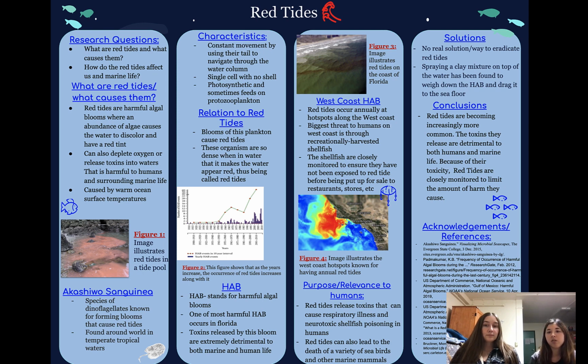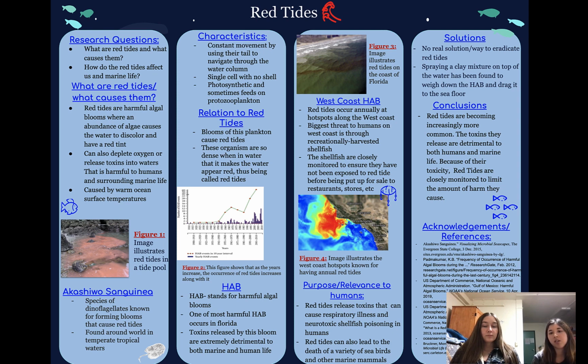Now we're looking towards the West Coast HAB, where the red tides occur annually at hotspots along the West Coast. The biggest threat to humans on the West Coast is through recreationally harvested shellfish. This could be very detrimental to human health if they're exposed to the toxins through their food source, like fishes and that sort of area.